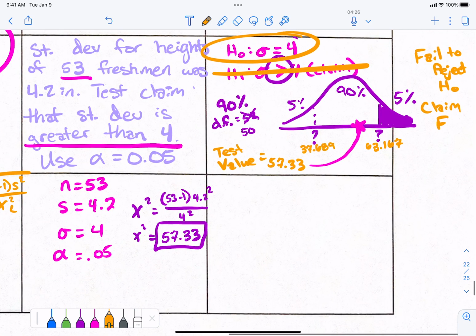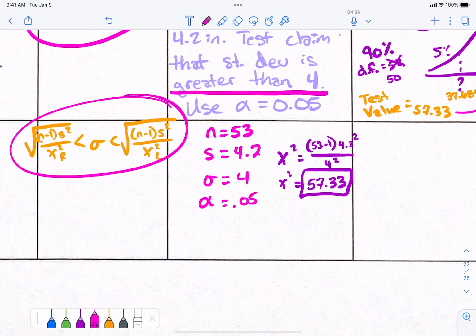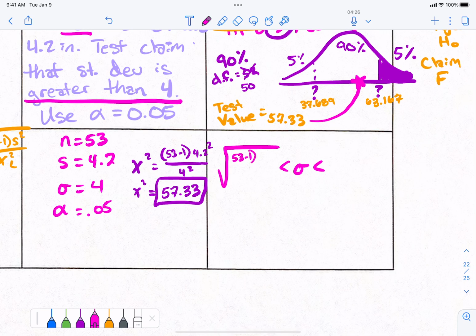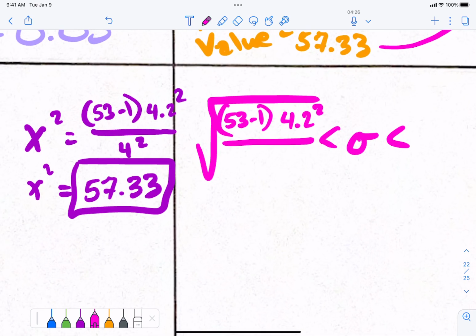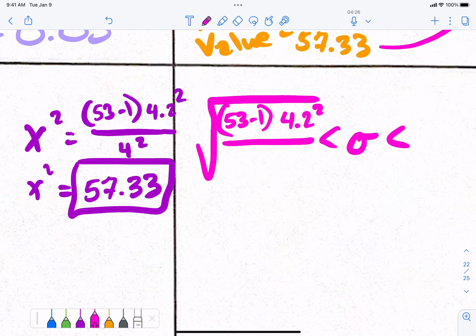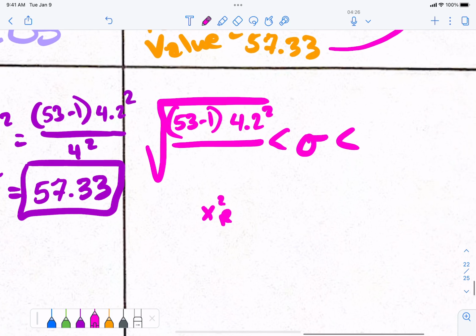Got it? Okay, same conclusions, but using the confidence interval method, okay? So sigma lives in between these two numbers, all right? And we've got the square root of n minus 1, which is 53 minus 1. And we've got s squared, which is 4.2 squared. And then on the bottom, it's similar to this formula right here, except we're taking the square root and we use the chi-squared right value, okay?